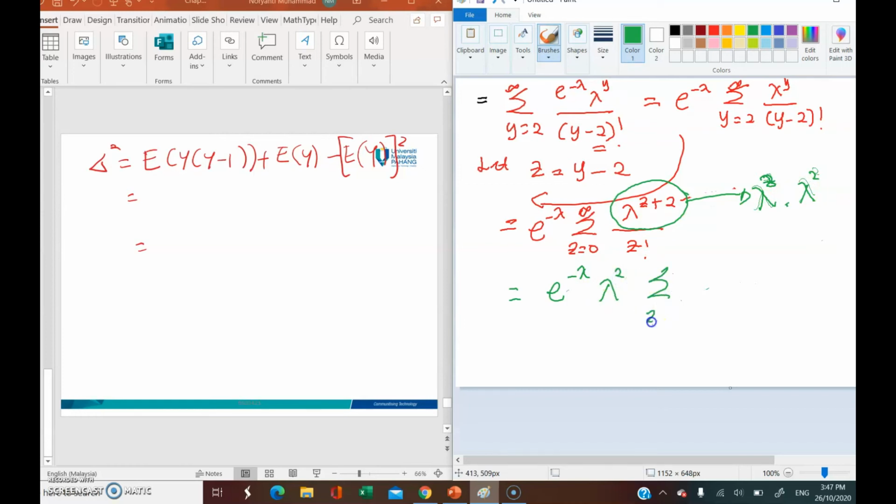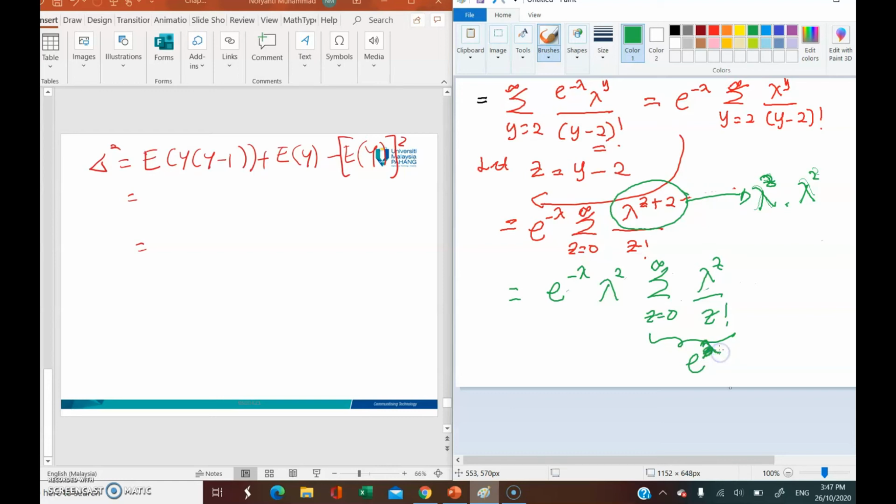Then summation z from 0 until infinity, lambda power z over z factorial. And then if you look at this one, what is it? This is lambda power z, this is exponent power z.